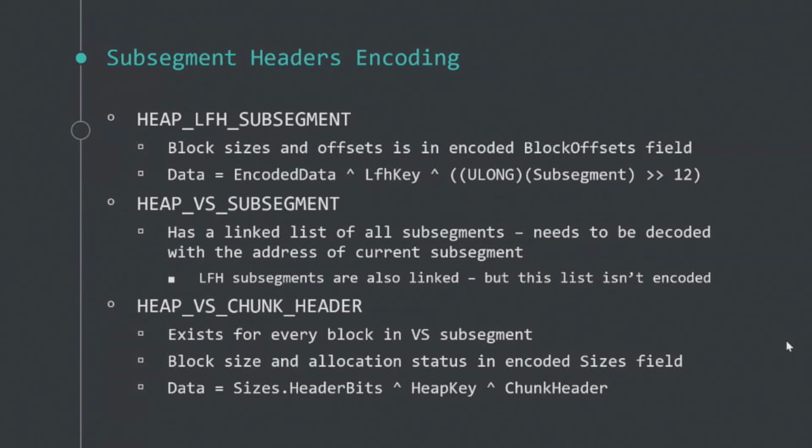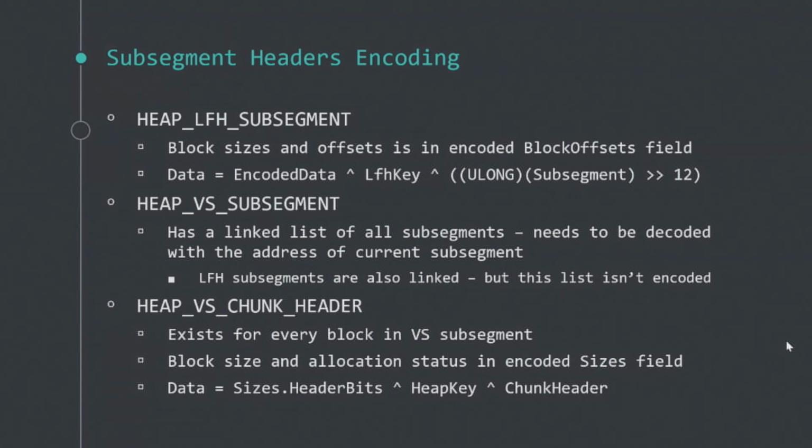These manage LFH and VS subsegments in the pool. They have linked lists of all the subsegments of that type, and they also have callbacks that point to management functions used for allocating, freeing, committing, etc. memory, because the kernel treats LFH and VS memory differently.